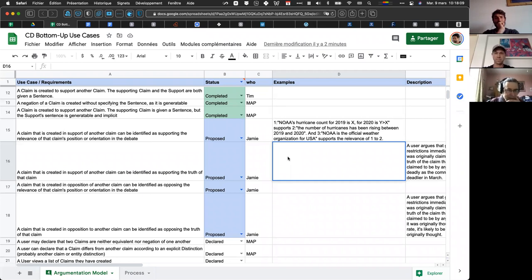A claim that is created in support of another claim can be identified as supporting the truth of that claim. So basically, if we take the previous example, it's still relevant. It's saying that basically one being true supports two being true.